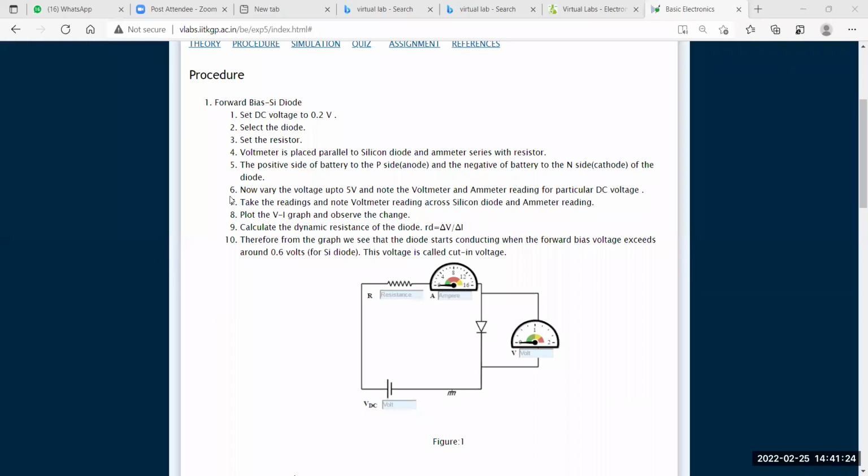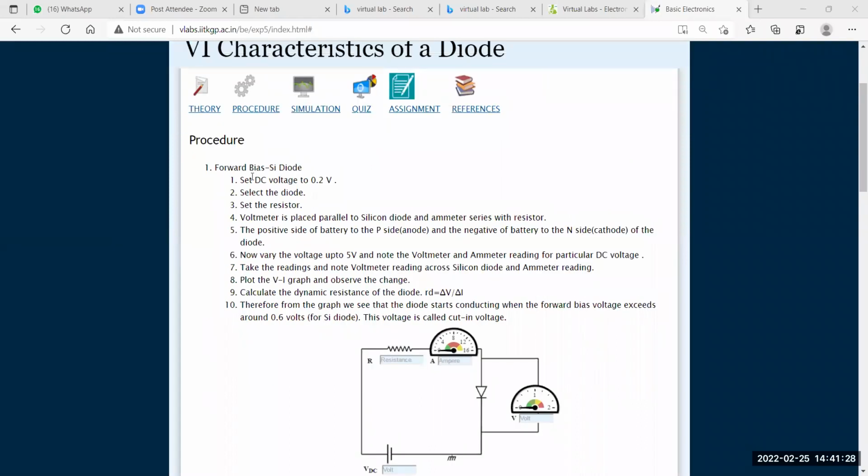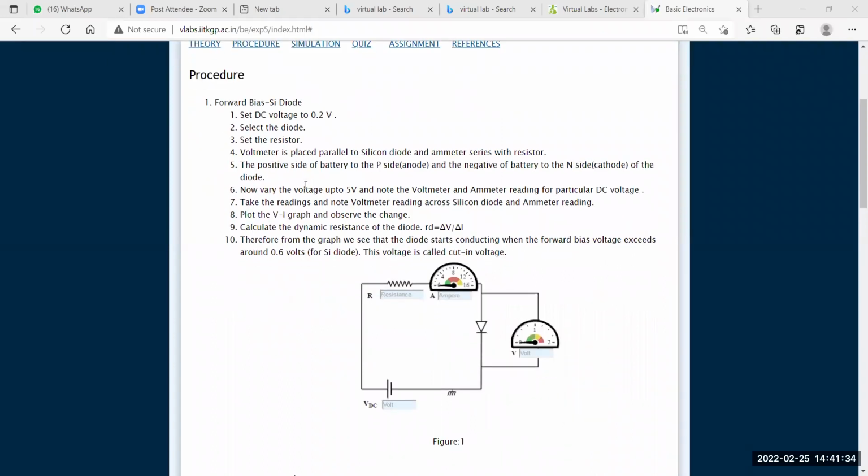When we have to do forward bias silicon diode, select the diode, set the resistor. This is the procedure.